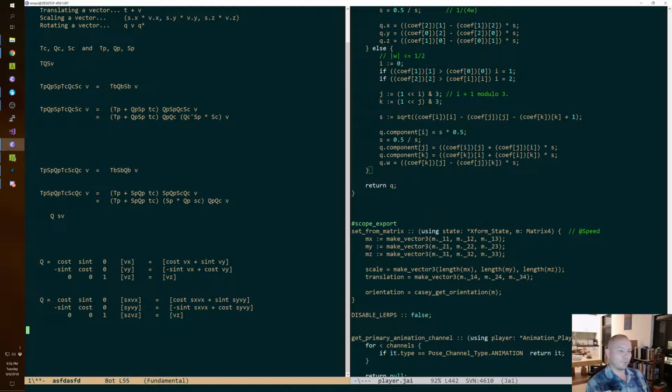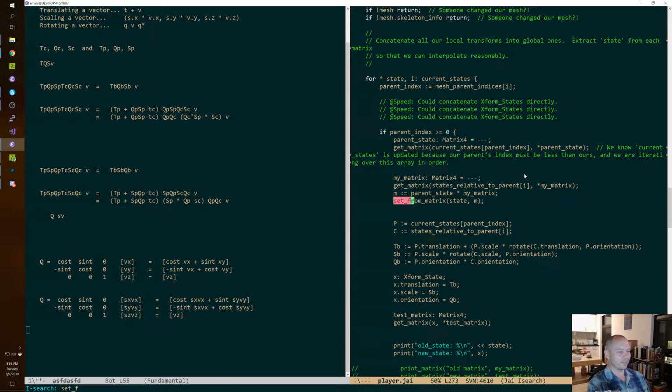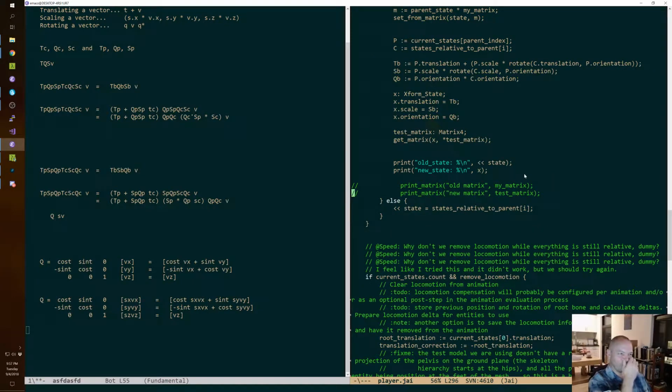I am tempted to just try the conjugate. Just a little bit cynically, just to see if that's the right answer.